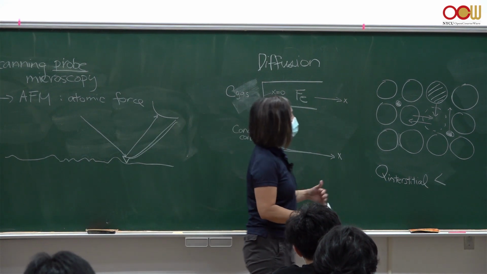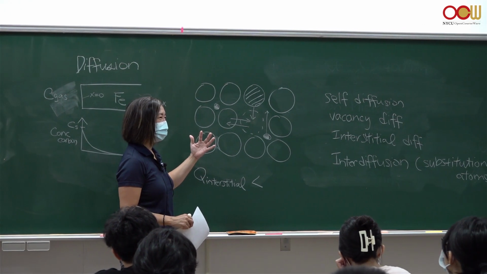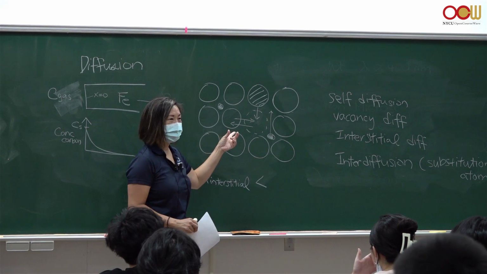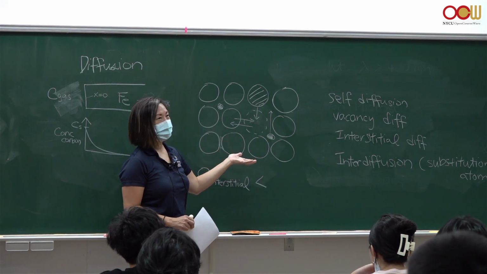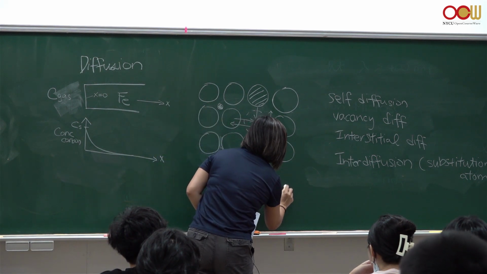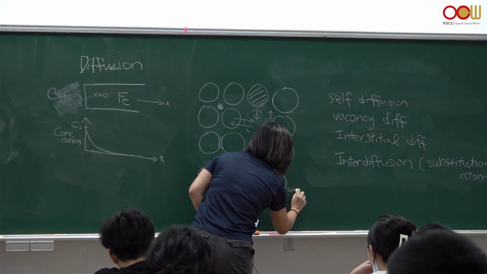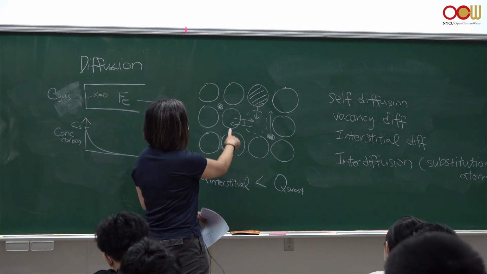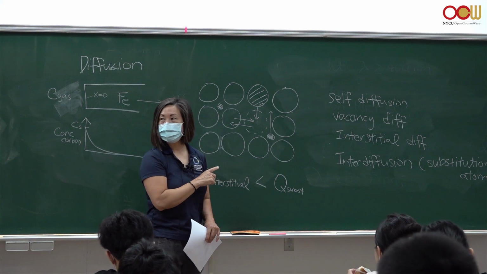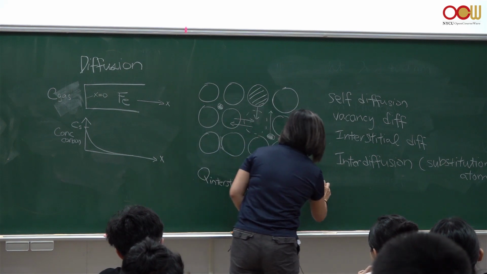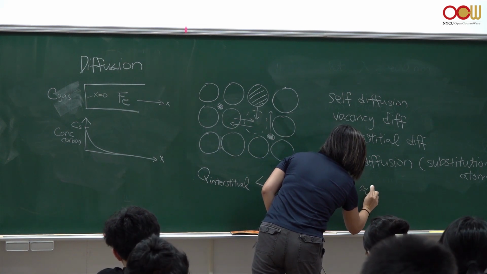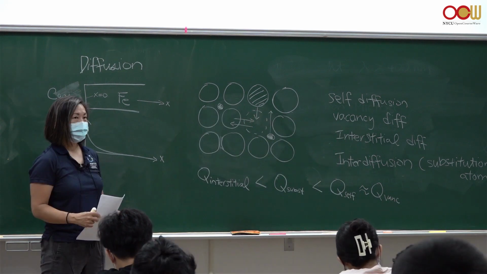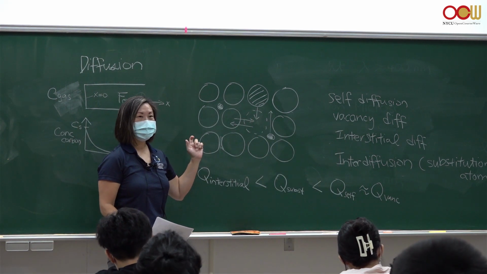So which one has higher areas of energy? Is it substitutional or self? Substitutional, right. So the activation energy for a substitutional atom to move is greater than interstitial, but it's going to be less than self-diffusion. Okay. And the self-diffusion is going to be similar to the vacancy, because the vacancy can't move unless another atom moves.